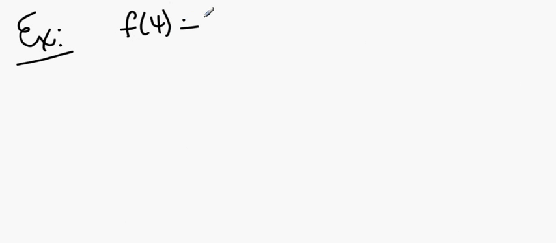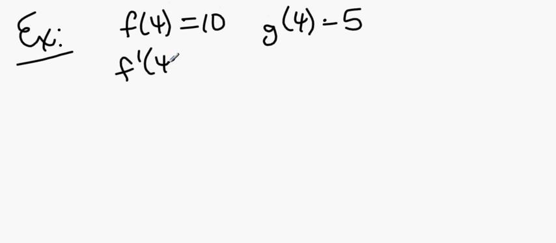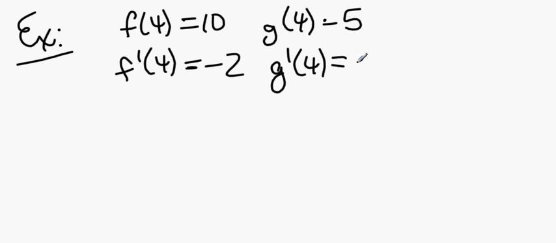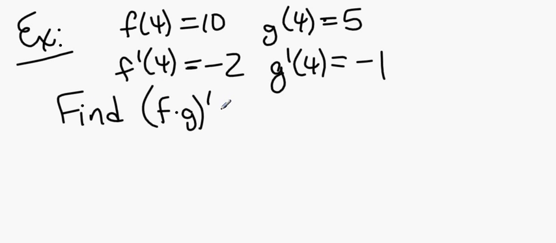All right, one more way this could pop up. Let's let f of 4 be 10 and g of 4 be 5, and f prime of 4 is going to be negative 2, and g prime of 4 is going to be negative 1. I want to find the derivative of f times g at 4.